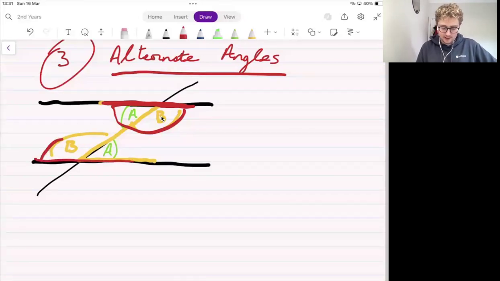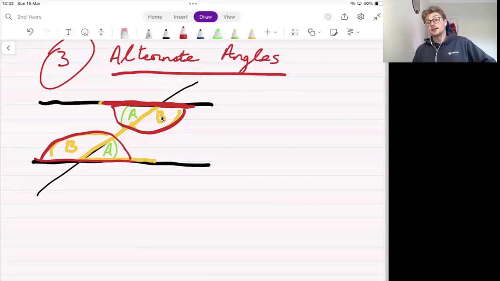Right? So I'm saying the angles inside the Z shape are equal, but I could equally say that the angles outside the Z shape are equal. But it's up to you which one you prefer to use. Okay, do you see what I mean? So the angles B there are also equal just because we know our straight line has 180 degrees.